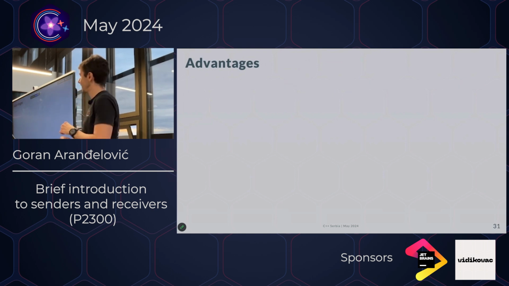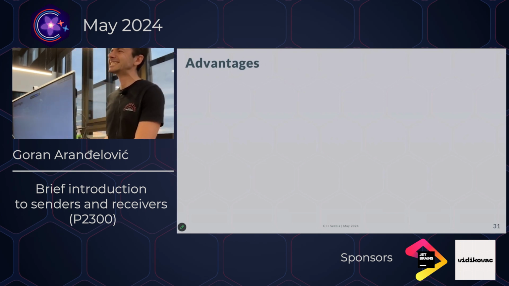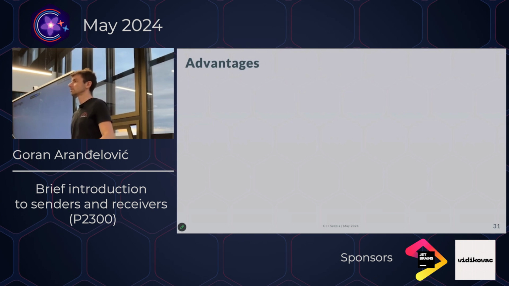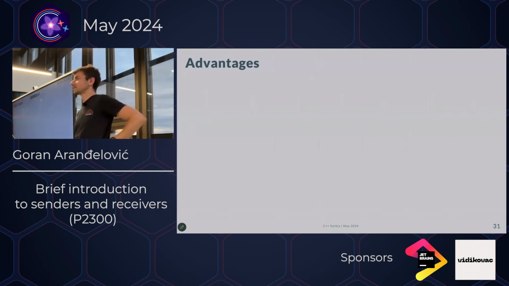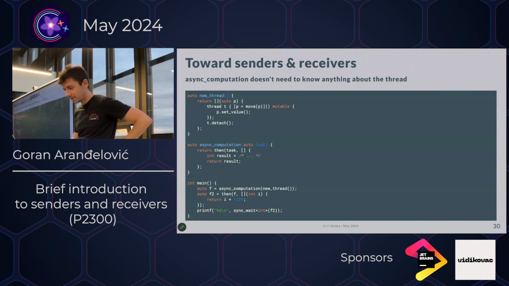While they're there, may I ask you, could we reuse the then combiner to combine the new thread creation with the async computation, and then combining it with the same then? Sorry, there is a lot of thens. Let's distinguish them.